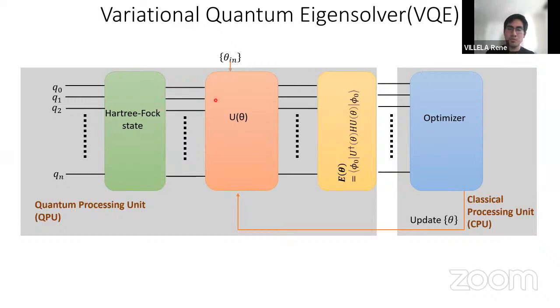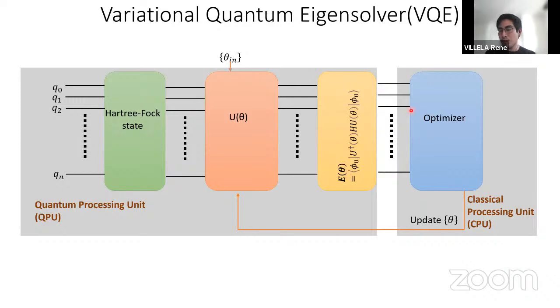Then we decide a set of unitary operations that we want to apply on the Hartree-Fock state and give it as initial set of parameters, theta input in this case, and calculate an initial value for this parametrization. Then also in the quantum processing unit, we calculate the expectation value of the Hamiltonian, which gives us the energy.